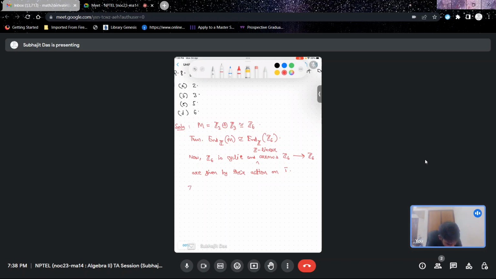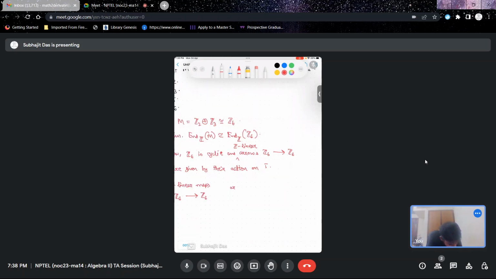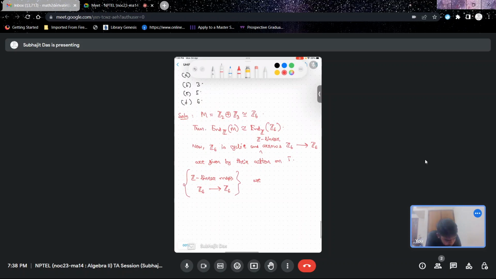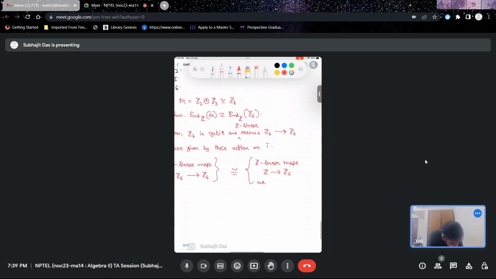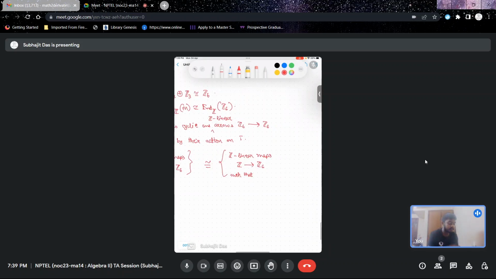So observe that Z linear maps from Z6 into Z6 are in bijection with Z linear maps from Z into Z6 such that this map factors through Z6, which means that 6Z should be in the kernel of the map, which means that 6 should be mapped onto 0.